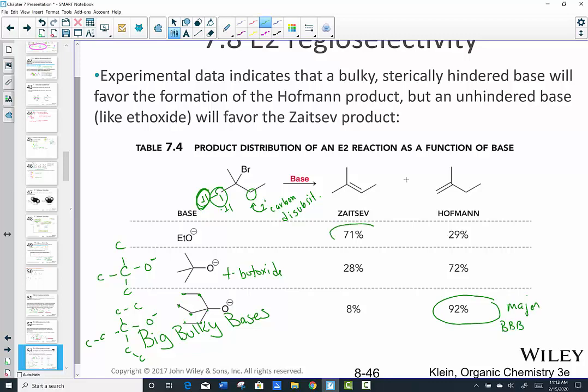You make the Zaitsev favored when you use small, strong bases. So you can control, based on the selection of your base, which product you want to produce more of. The least substituted, the Hofmann, can be favored by using big bulky bases. If you want the most substituted, which is the Zaitsev, select a small, powerful base, and you'll make the most substituted alkene.